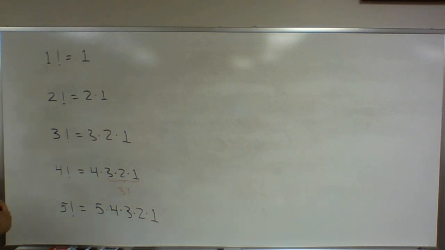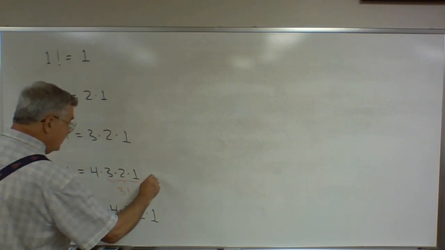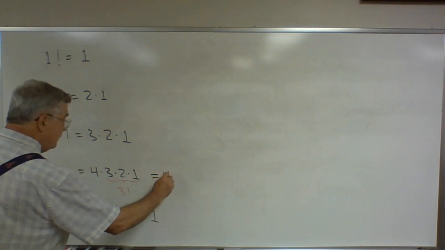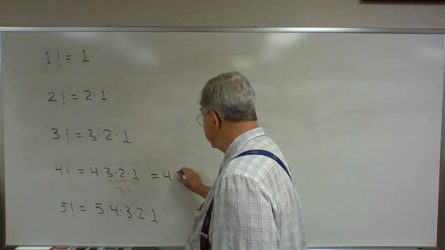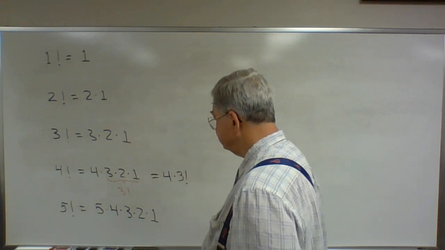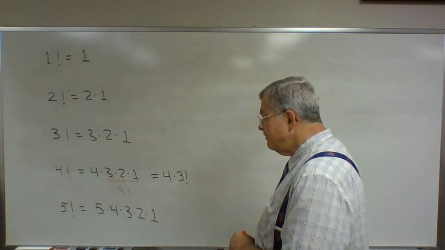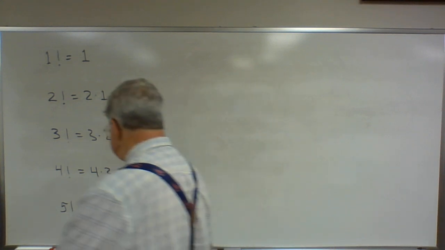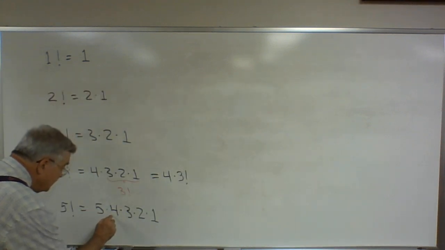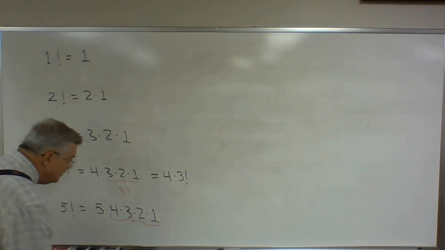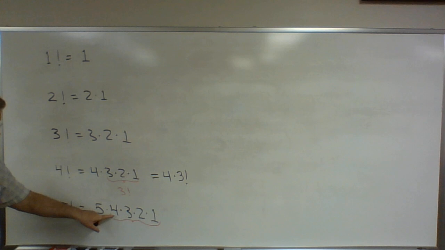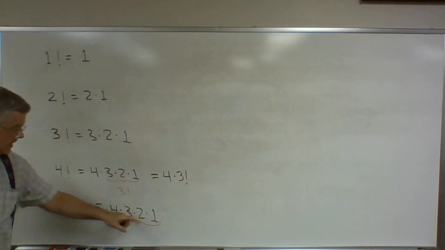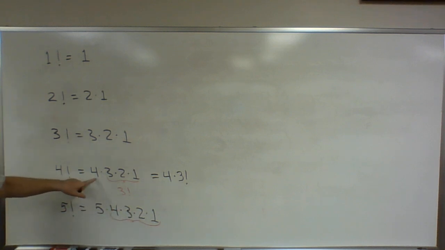So 4 factorial is equal to 4 times 3 factorial. 5 factorial, if we look at these numbers right here, 4 times 3 times 2 times 1, that's 4 factorial.